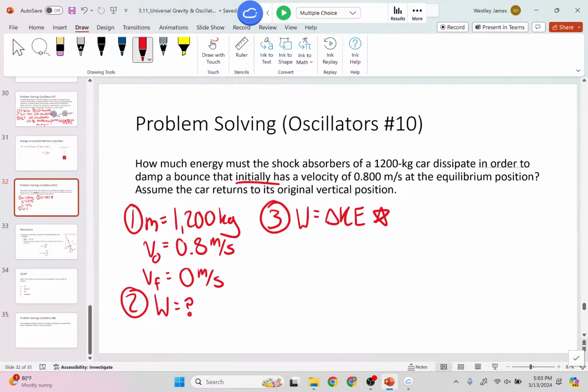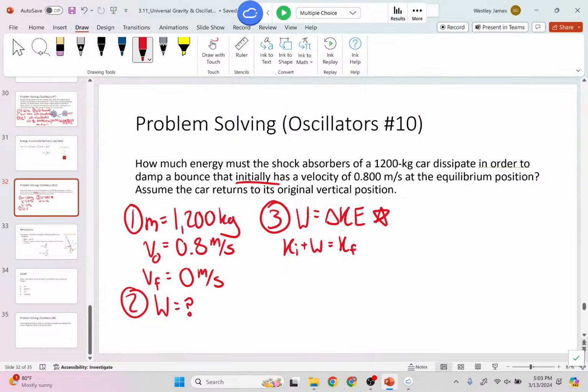We can do conservation of energy. My kinetic energy initial plus the work done equals the kinetic energy final, because those are the only energies that exist in the system. We consider the spring when it's at the equilibrium position, meaning there's no spring energy in it. At the equilibrium position, x is 0. It ends at the equilibrium position, so there's still no spring energy.